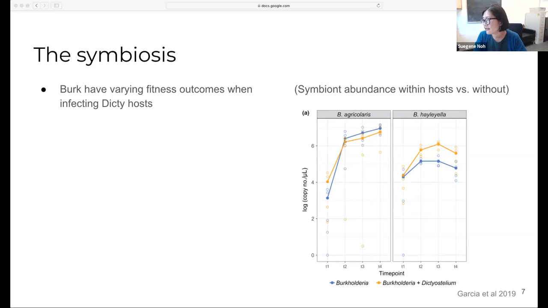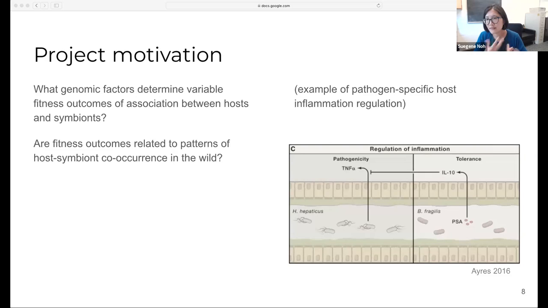In the Agricolaris species versus the Haliella species of Burk, you can see a difference in whether Burk being inside of a host experiences higher fitness compared to when it's on its own. So we see this variation in host fitness and symbiont fitness, both in the symbiosis and when each of these hosts and symbionts are on their own.